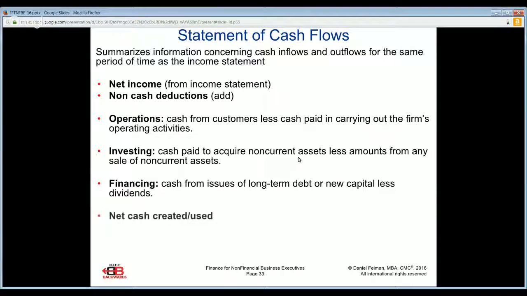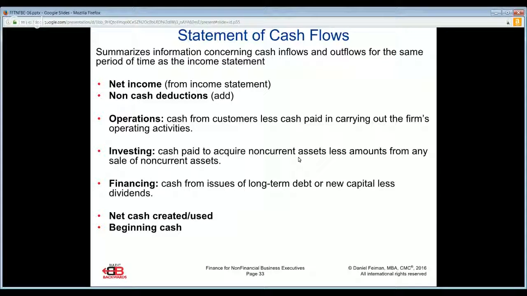So if we look at our three areas, operations, which is our main business, investing, which is our long-term assets, and financing, which is debt and equity, each of those has a subtotal. When we add those three subtotals together, it'll give us the net cash created or used.